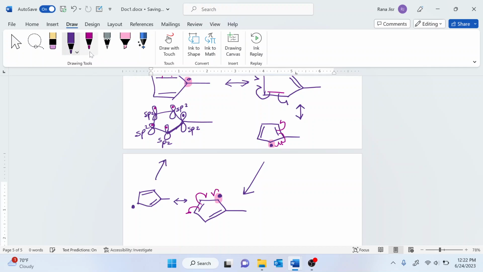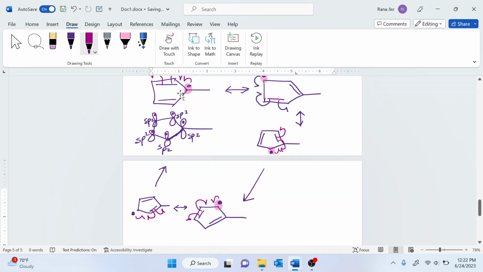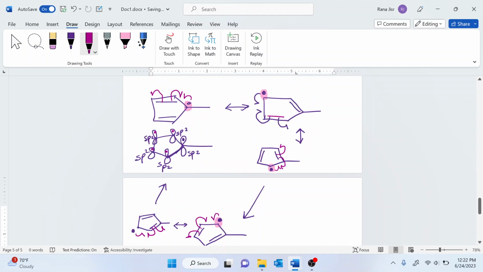So over here, if I move the free radical in here, I'm going to end up getting the free radical that I started with. Whenever you count the total number of resonance structures, include the structure that you started with. So here I'm going to end up having 5 resonance structures.